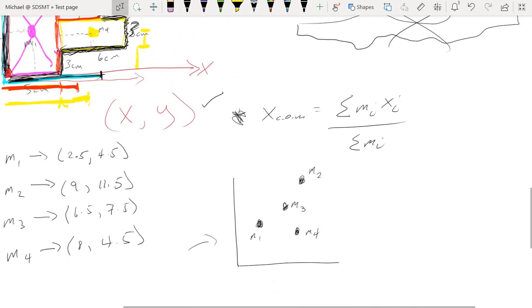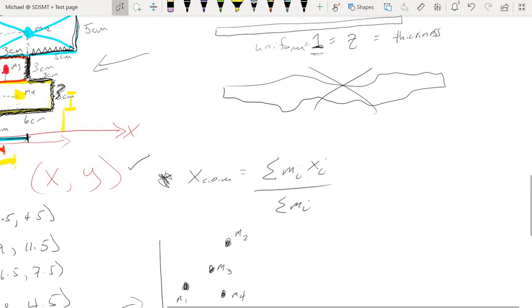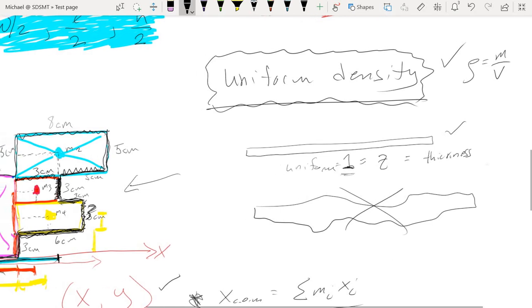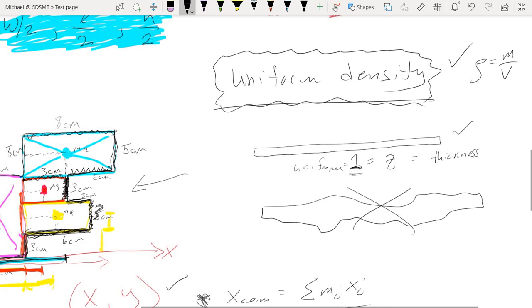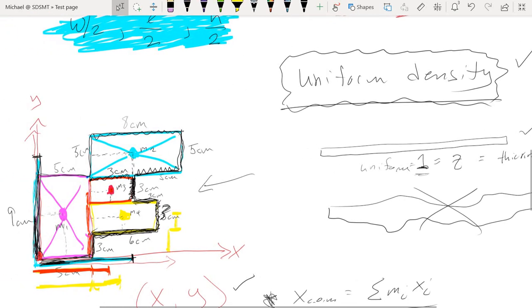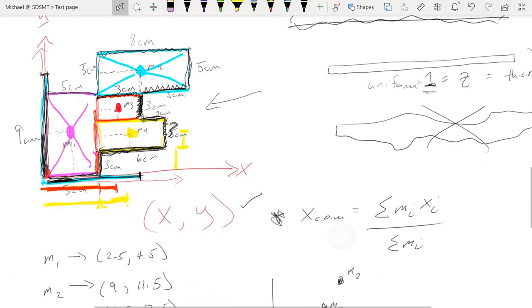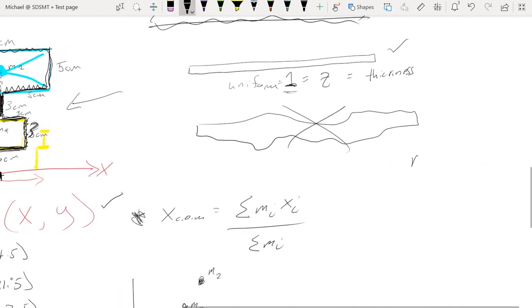Well, but that means I need to know the mass of each segment. Or do we? Because we said we have to have uniform density. No matter where I'm at, I have to have the same amount of mass per unit volume. Well, not every piece has the same volume. And that means not every piece can have the same mass. But every piece must have the same density.